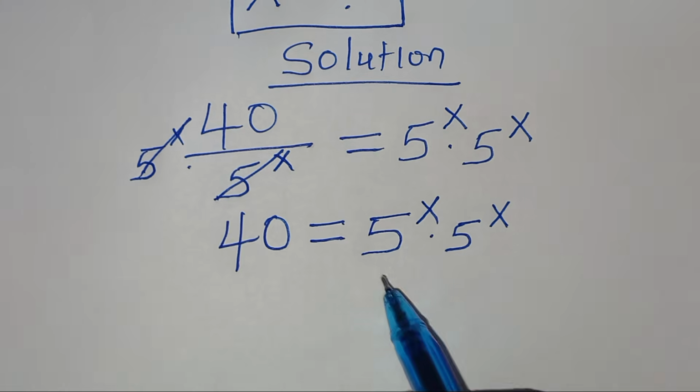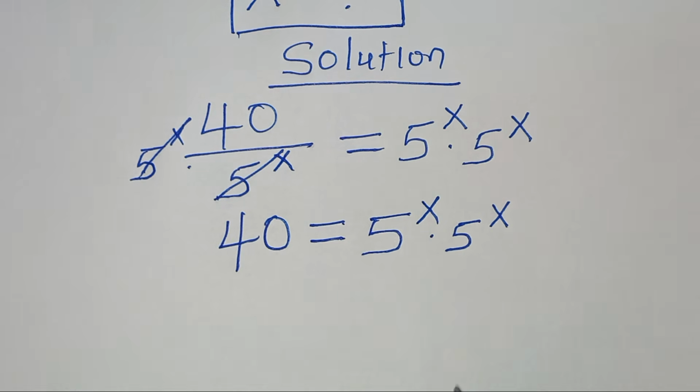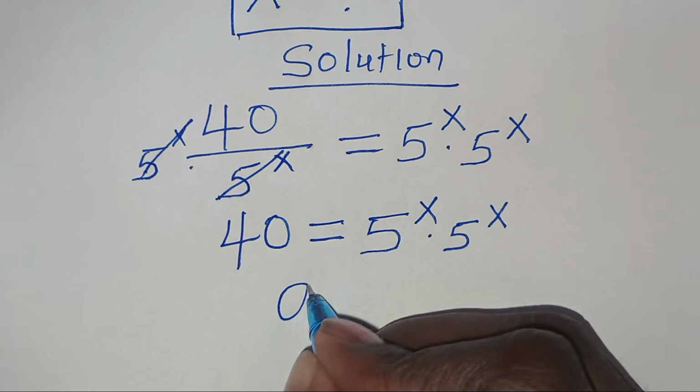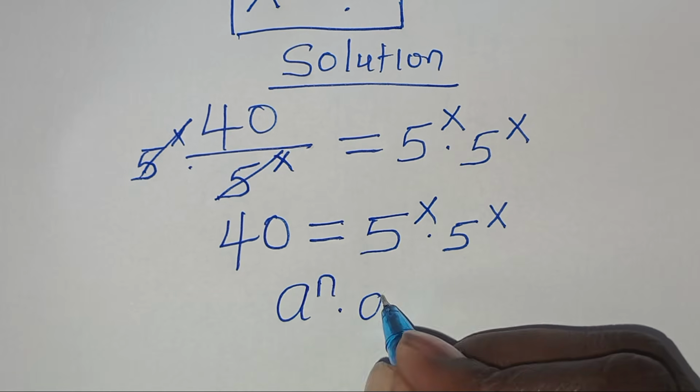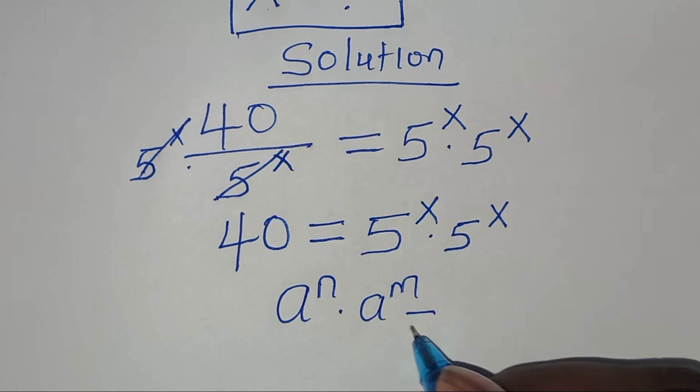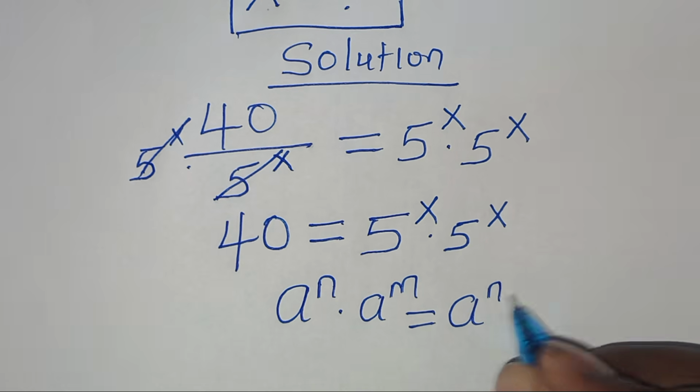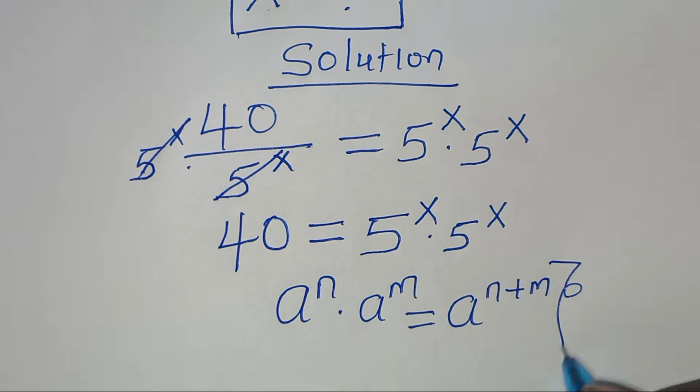Now we have that 5 to the power of x times 5 to the power of x is in the form of a to the power of n times a to the power of m, which we can express as a to the power of n plus m.